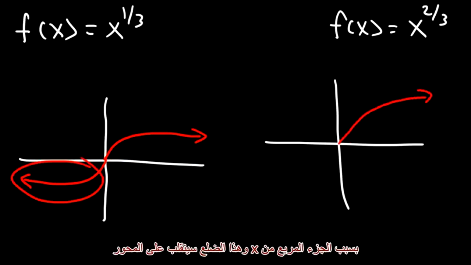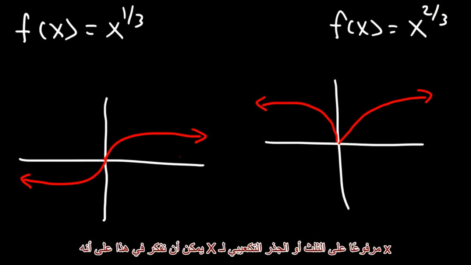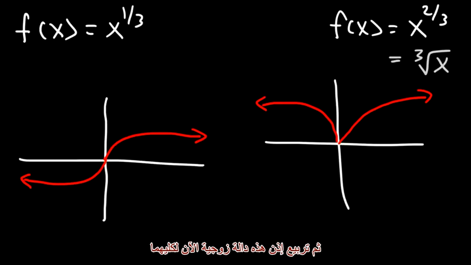And this side is going to be flipped over the x-axis. Because of the square part of x to the 2/3, it's going to be an even function. It's going to be symmetrical. You could think of this as x to the 1/3 squared, or the cube root of x and then squared. So that's an even function.